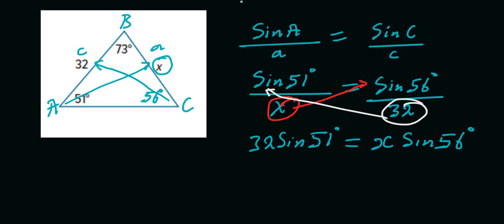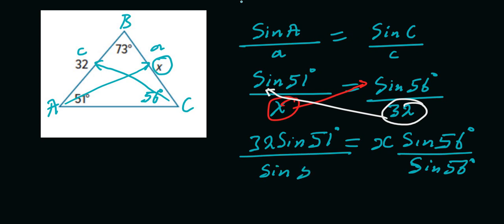So now we can isolate x by dividing both sides by sine 56 degrees. So now sine 56 degrees will be cancelled out.